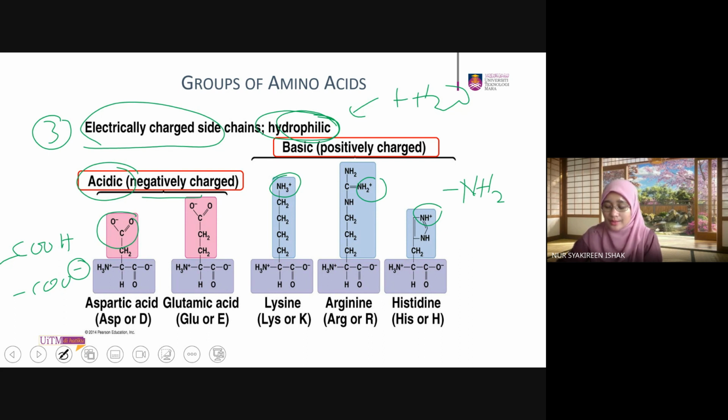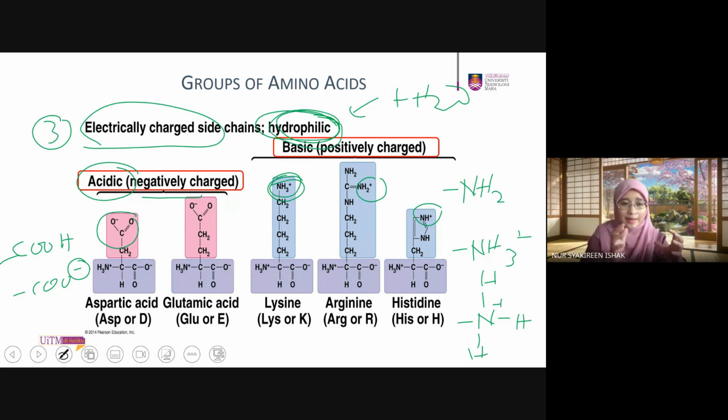The plus sign is actually the charge on the nitrogen. So this is the electrically charged amino acid, causing the amino acid to be hydrophilic. It can be acidic, negatively charged, or basic, positively charged.